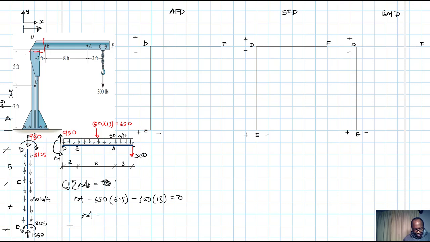Then M is equal to 650 by 6.5 plus 300 by 13, so it's 8125, the same moment. Let's put it there. Great, these are the results that we expect.